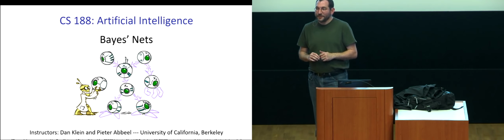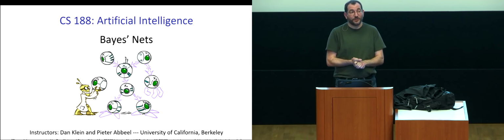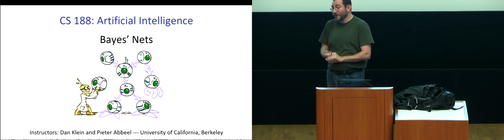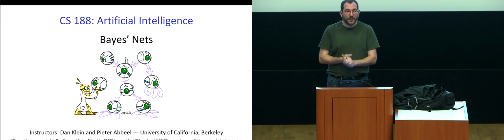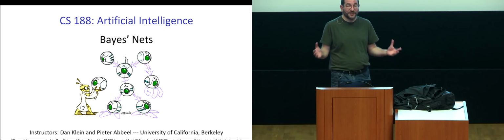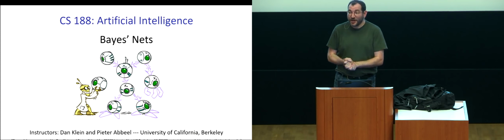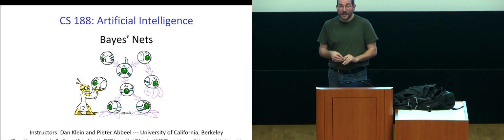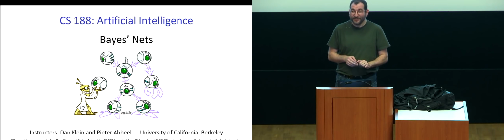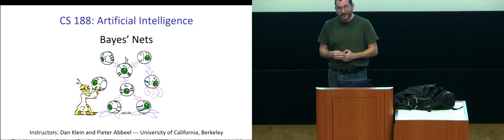All right, so today we're going to talk about Bayes nets, also known as graphical models, which are a technique for building probabilistic models over large numbers of random variables in a way that is efficient to specify and efficient to reason over. I think this is a really exciting topic because this is one of the main tools that we just didn't have in the first go-around of AI in, say, the 80s.